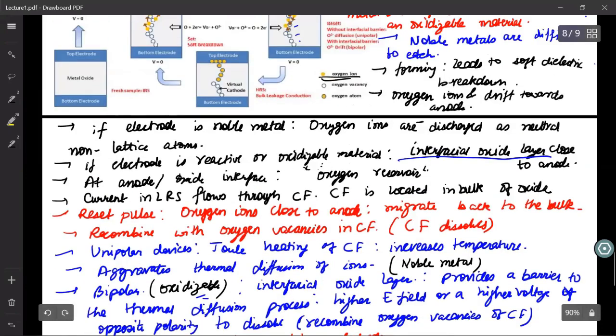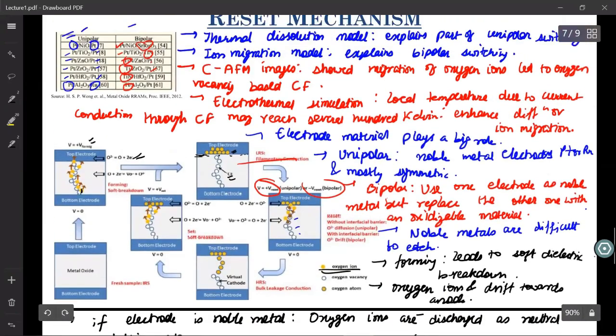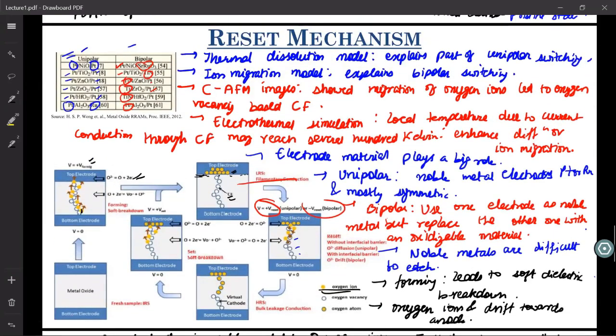And if you look at this curve here, you can see that immediately after forming, there's a soft breakdown, and then we reach this state where the oxygen ions have migrated towards your top electrode, and you have a conduction filament which conducts the current. Then you apply a reset voltage, regardless of whether it is unipolar or bipolar. What happens? These oxygen ions migrate towards this conduction filament.